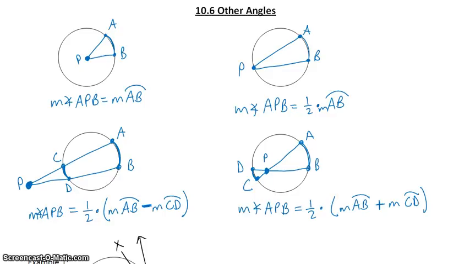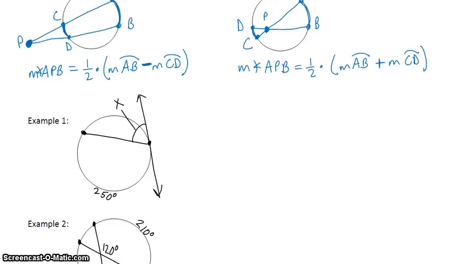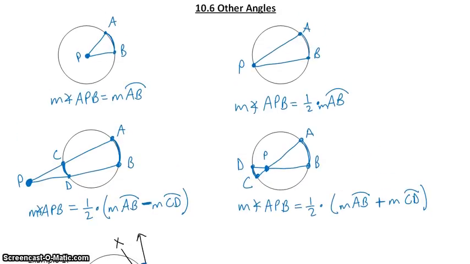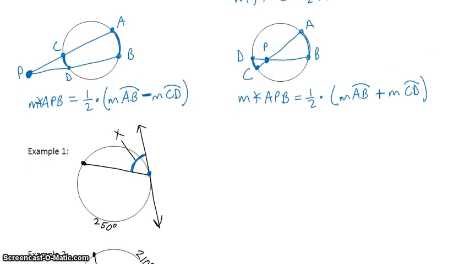Let's look at example 1. We are solving for x. X is this angle whose vertex is on the circle. So we have to look back at our formulas and figure out which angle has the vertex on the circle. And we look, and it's this angle. So our formula is angle equals 1/2 times the intercepted arc.